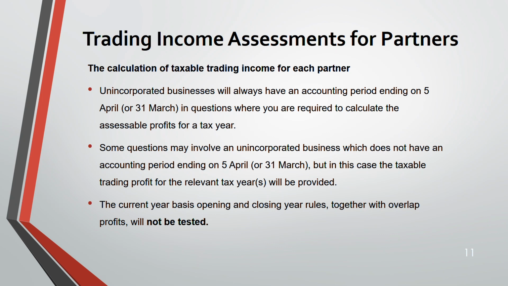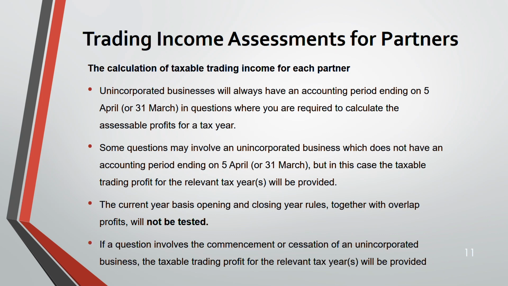From this year onwards, the current year opening and closing year rules, where you used to have overlap profit before, will not be tested. If a question involves commencement or cessation of an unincorporated business, the taxable trading profit for the relevant tax year will be provided. So when you're commencing and when you're ceasing, they will give you the taxable trading profit for that period.